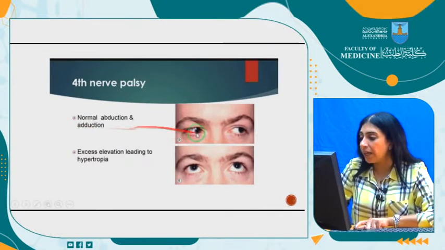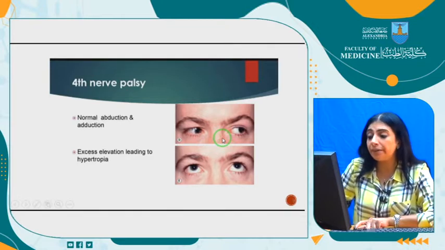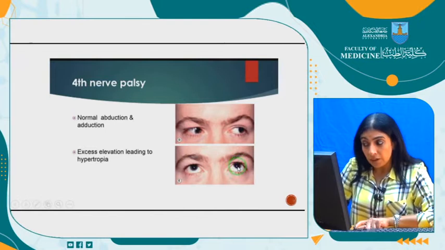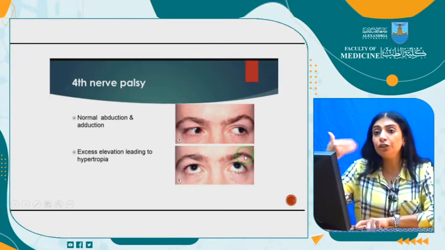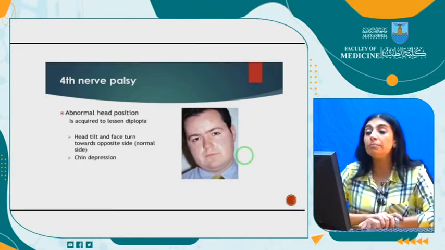He has normal abduction and adduction because this is managed by the medial rectus and lateral rectus. He has excessive elevation of the affected eye due to the overaction of the inferior oblique, which is not antagonized by the superior oblique muscle.